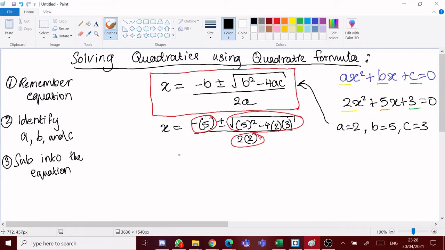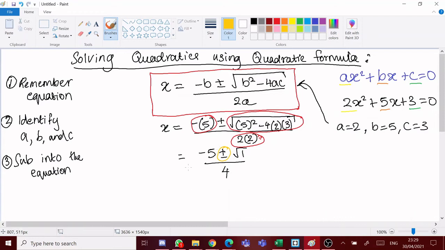So in this case, that would be minus 5 plus minus, so that would be 25 minus 24, which is square root of 1, over 2 times 2, which is 4. Now, there is something unique about this. There is a plus minus. What would this mean? What this means is now you have to separate this equation into two different ones.